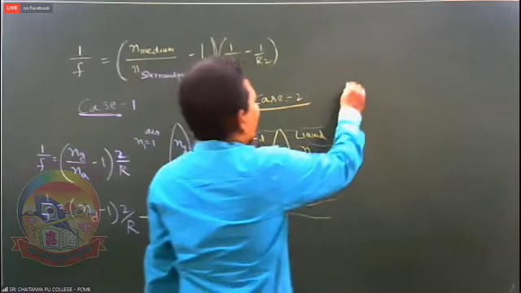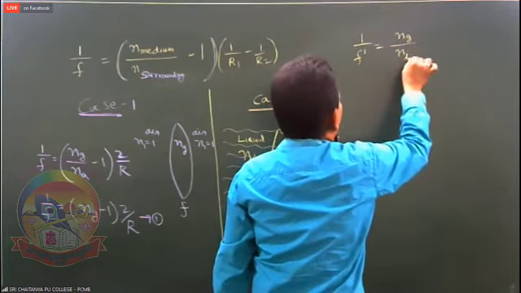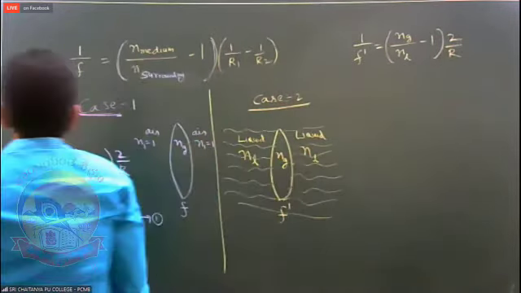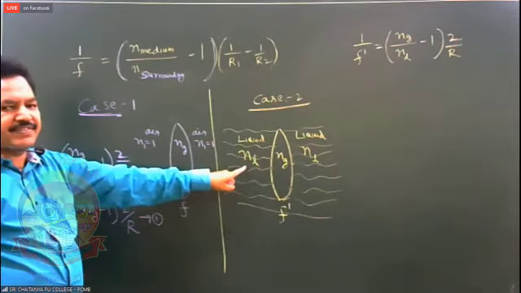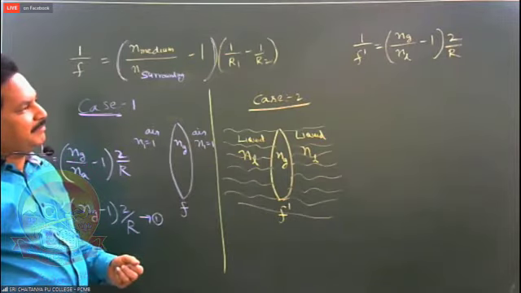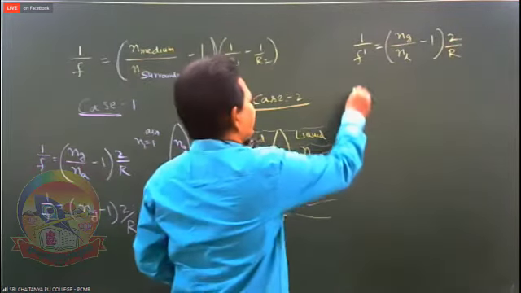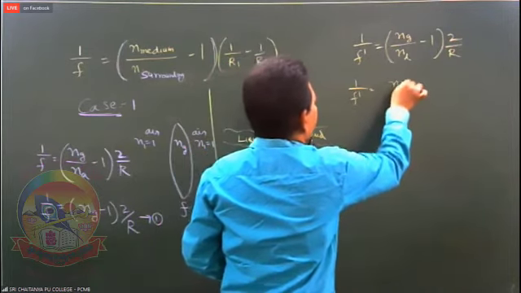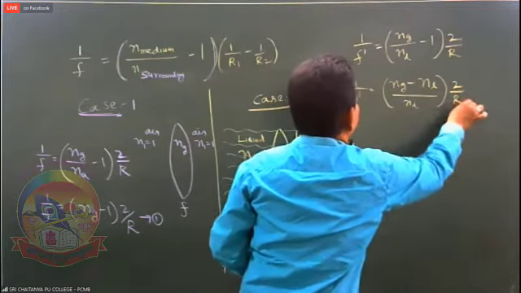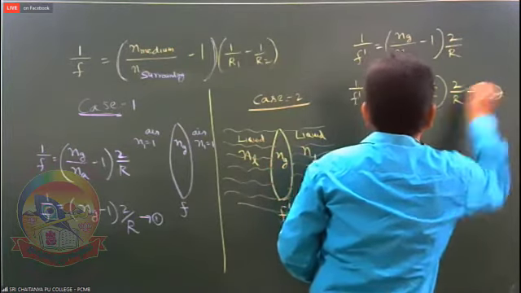Substituting, 1 by F dash is equal to Ng by NL minus 1, into 2 by R. Take LCM. 1 by F dash is equal to Ng minus NL by NL, into 2 by R. This is equation number 2.